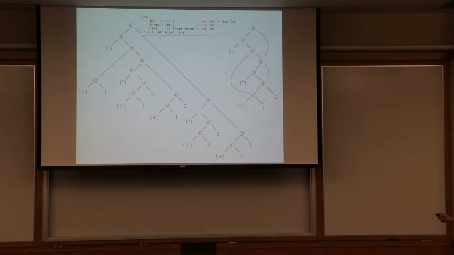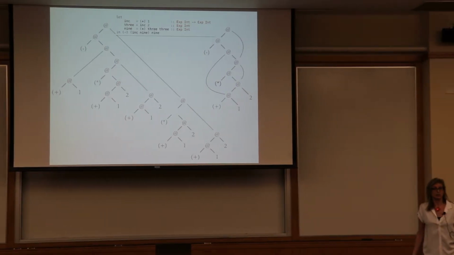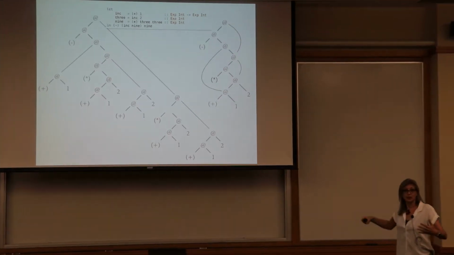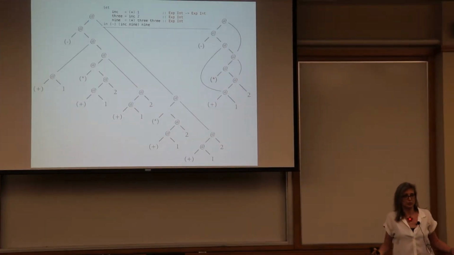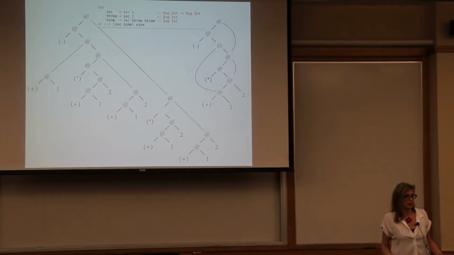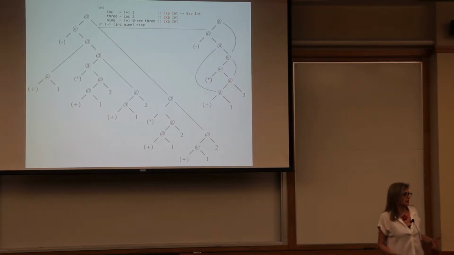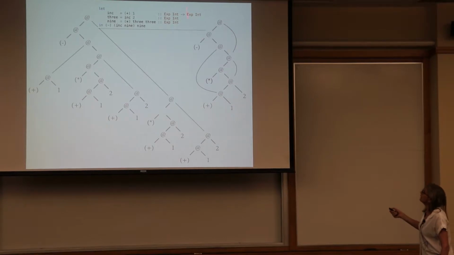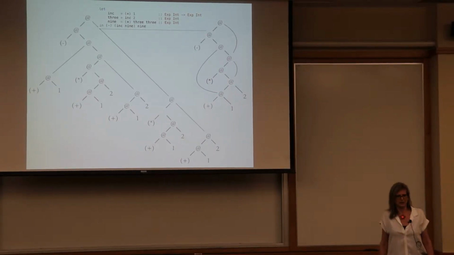Internally, the same sub-expressions are represented using sharing, because we can do that safely in a functional language, because we know that there is no destructive update. So in fact, that's what the abstract syntax tree looks like.